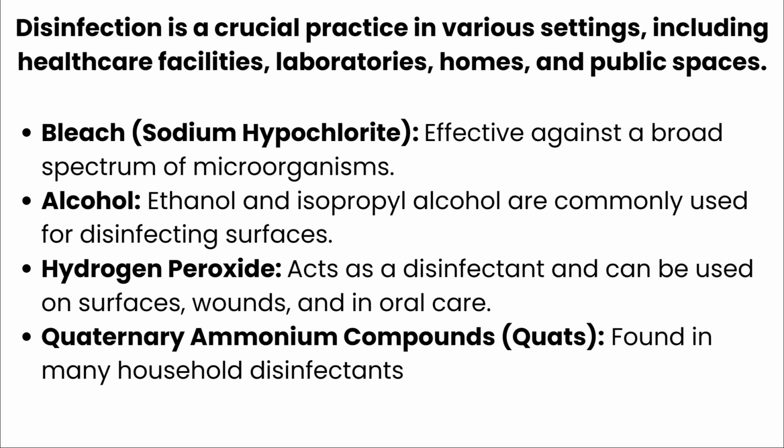Similarly, hydrogen peroxide acts as one of the potent disinfectants and can be used on surface wounds and in oral care. Similarly, ammonium compounds are also used in many household instruments to wash and are used as a disinfectant.